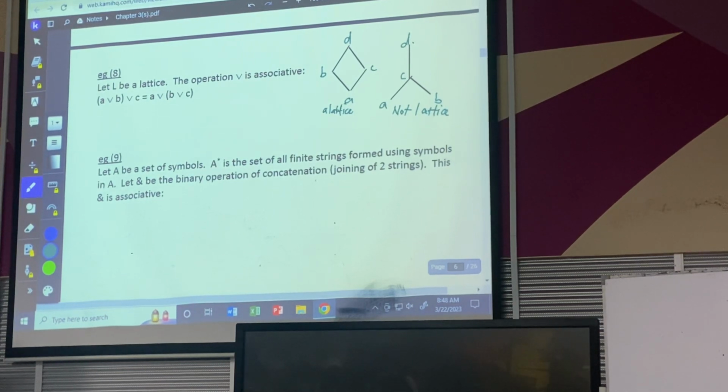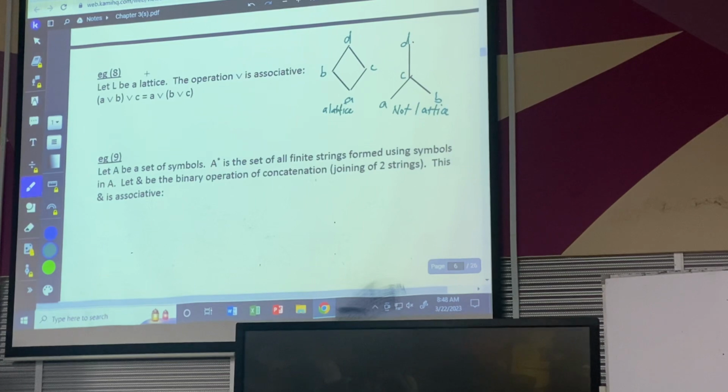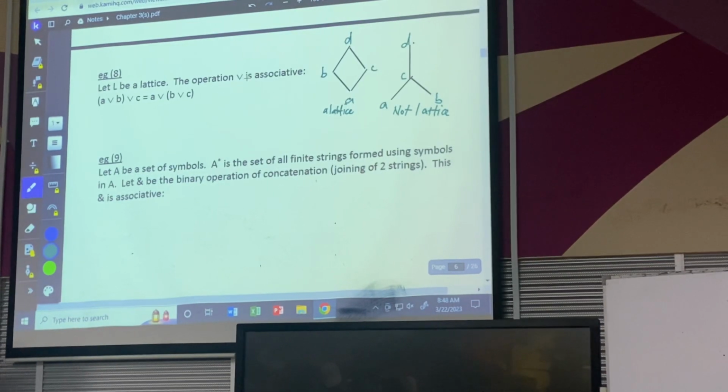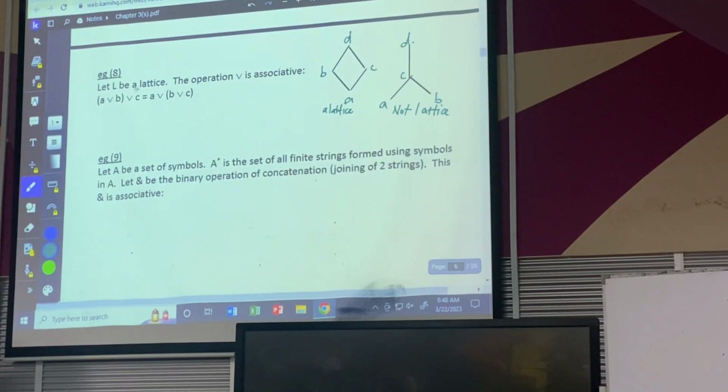Okay. Now, under the lattice here, we can use the operator OR, and we need to determine whether this is a semigroup or not. So, to determine a semigroup, we already know that OR is associative. Then, you can say that the set L, which is the lattice, with the operator OR, is a semigroup.